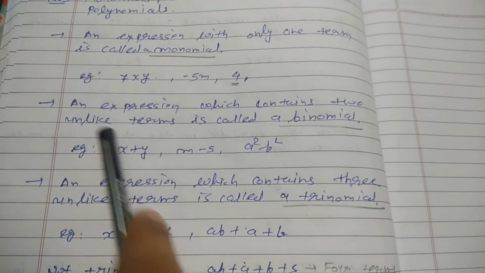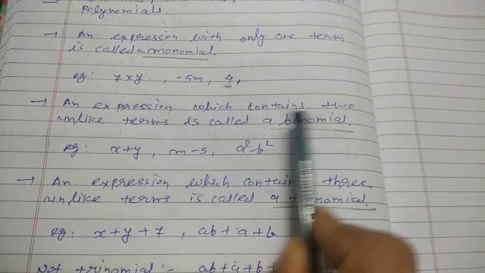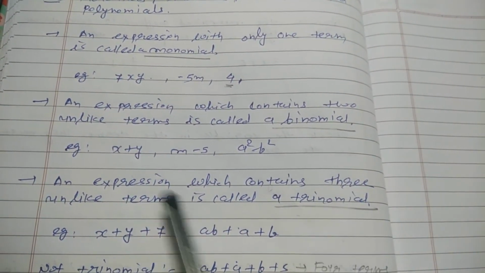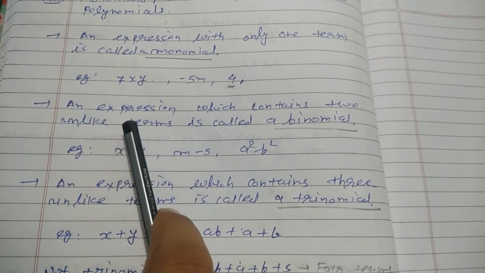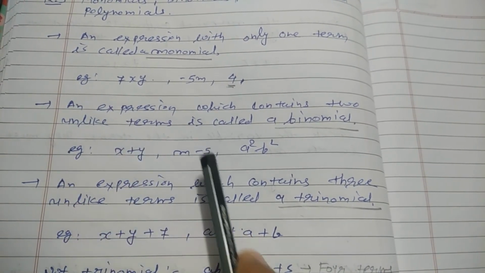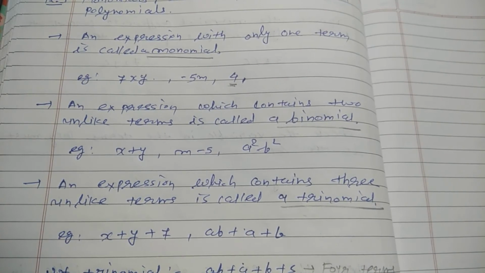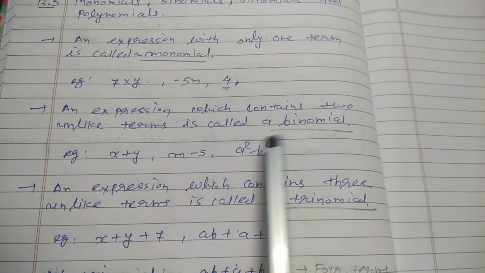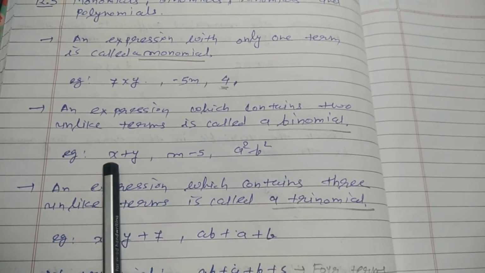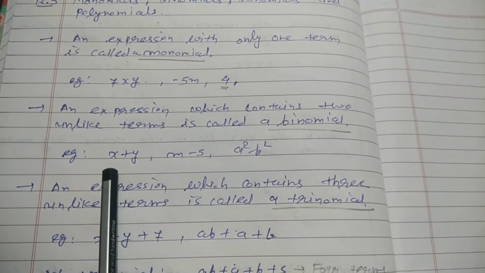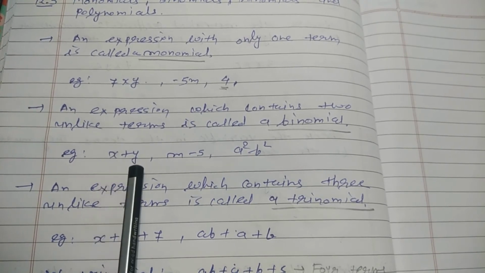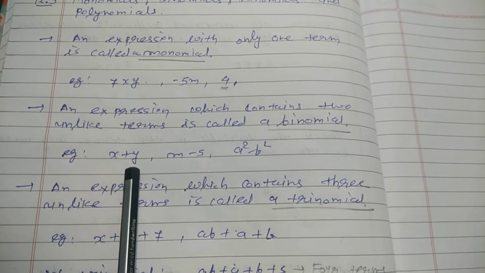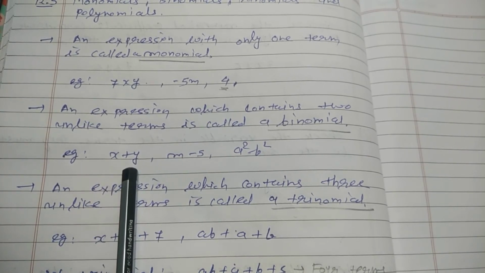Next, an expression which contains two unlike terms is called a binomial. What you have to keep in mind is that you have to see the expression, and if there are a total of two terms which are unlike, then we can say that expression is a binomial. For an example, here x plus y, two terms are there, term 1 x and term 2 y, and they are unlike terms, so this expression is called a binomial.